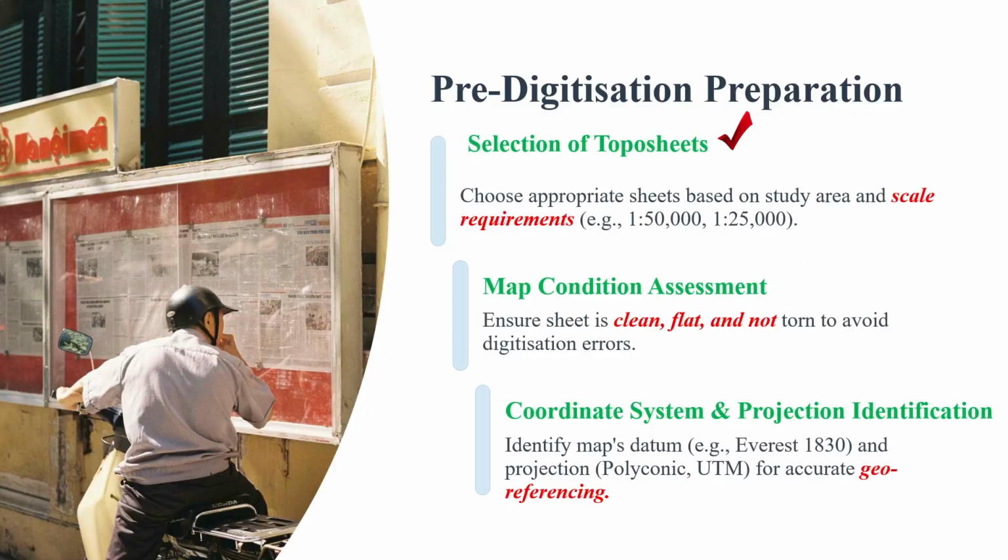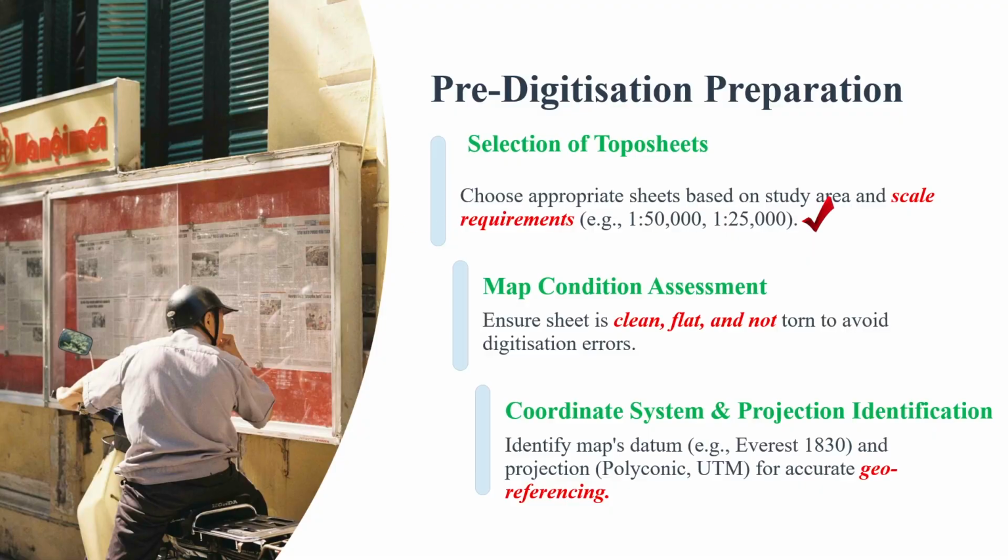When we do that digitization, what pre-processing and preparation do we need? First, we have to select the topo sheet. Second, map condition and assessment. Third, coordinate system and projection identification.